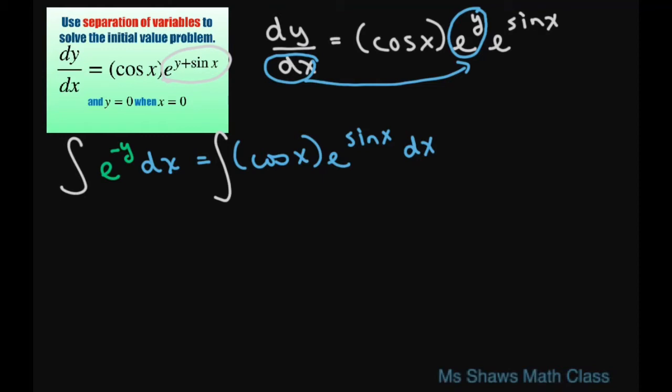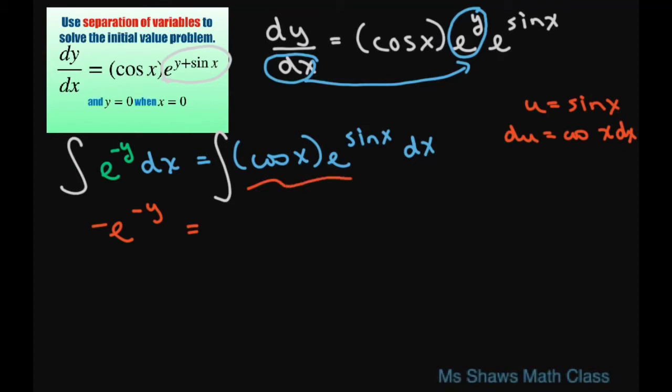So the left-hand side, we're just going to get negative e to the power of negative y. On the right-hand side, we have to do a little u substitution. Just let u equal sine of x. So du equals cosine of x dx.